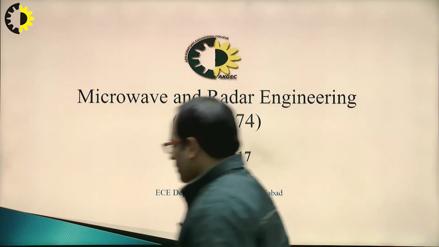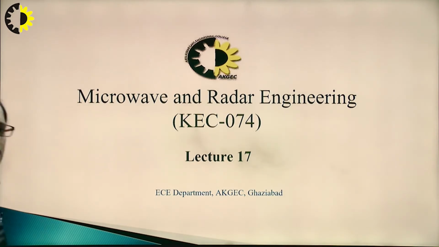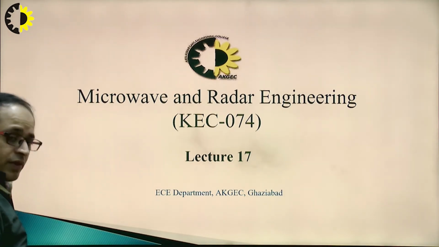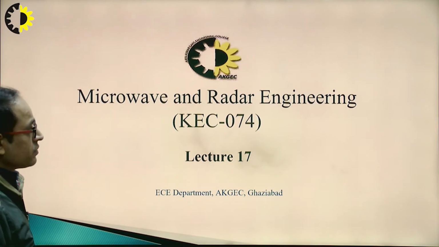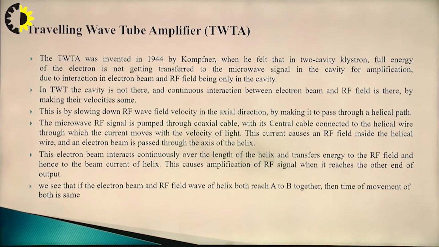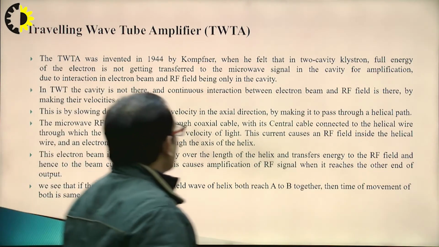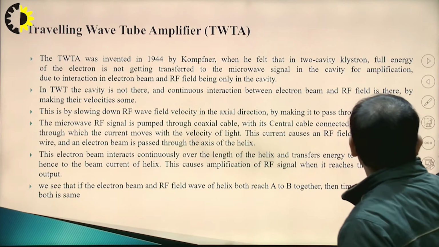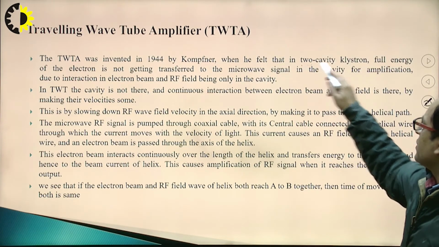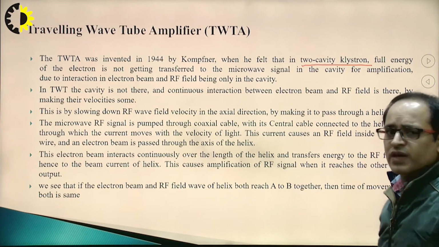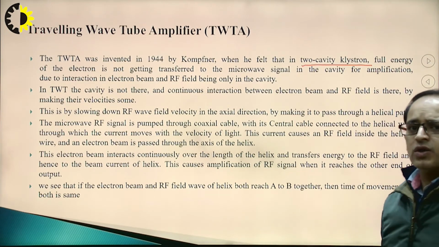Now, TWT, the traveling wave tube amplifier, is also one of the microwave tubes used to generate microwave signals. TWT was invented in 1944 by Kompfner when he felt that in the two cavity klystron the full energy of the electron cannot be transferred into the microwave signal.